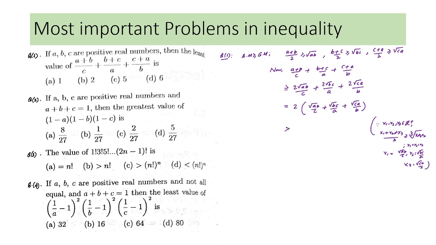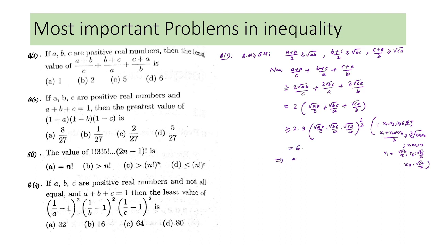This is greater than or equal to 2 into 3 times the cube root of AB by C times BC by A times CA by B, to the power 1/3. So this value will be 1, which means it is greater than or equal to 6.